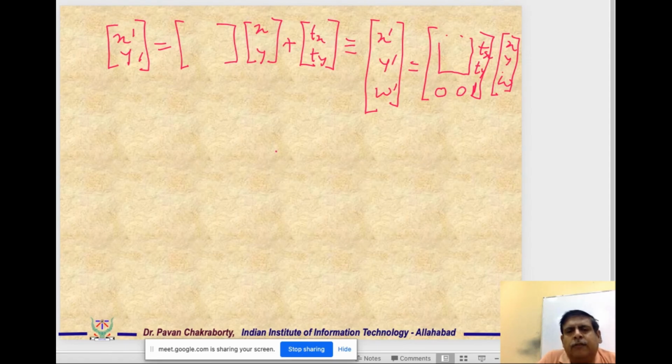So this is how I would represent a translational transformation as a linear transformation, which we will call an affine transformation.